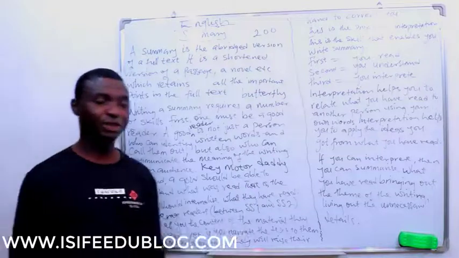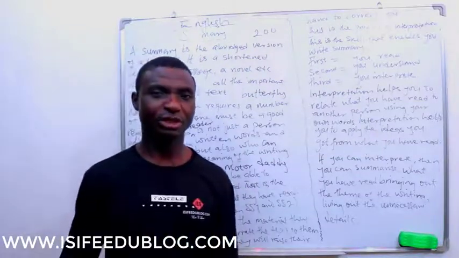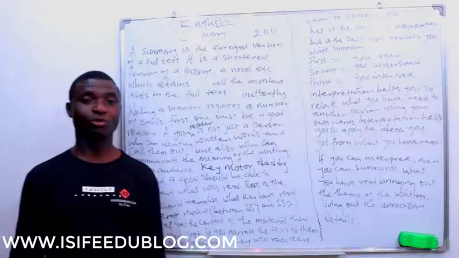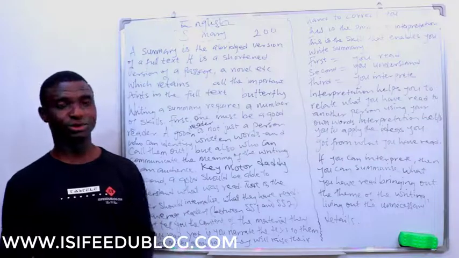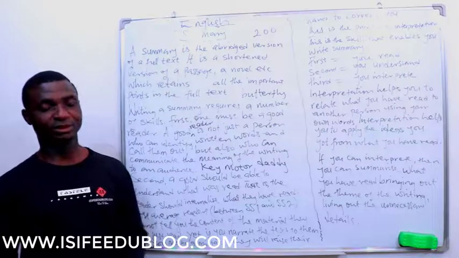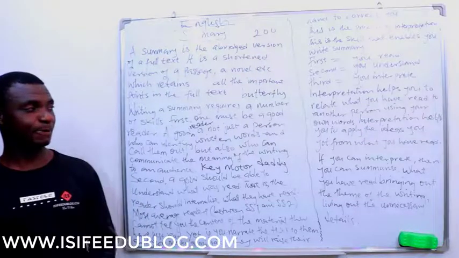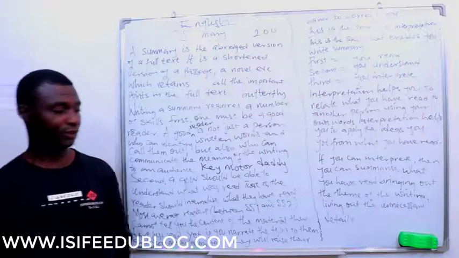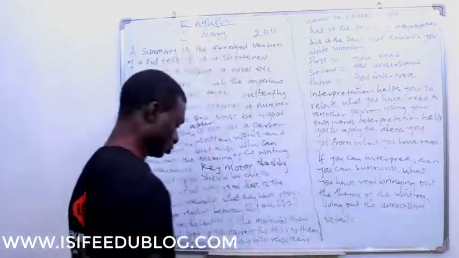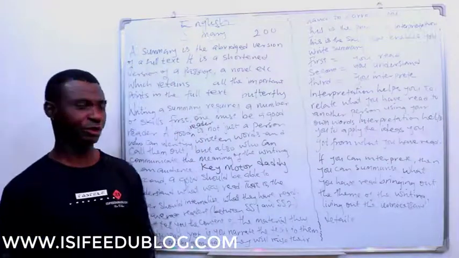We have given you the skills you require to write a summary. And we'll be looking at the nature of the WAEC and NECO summary tests. Then, the third part of the lesson shall look at the tips. Now, how do these examination bodies set their questions?